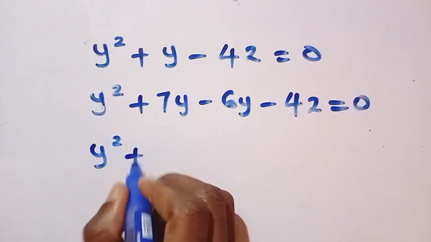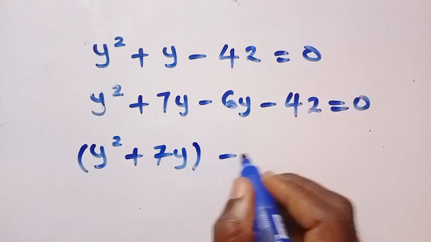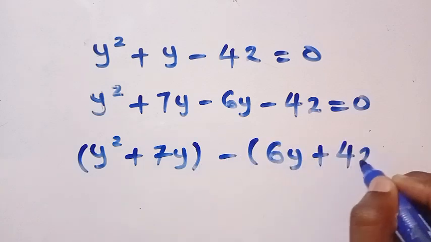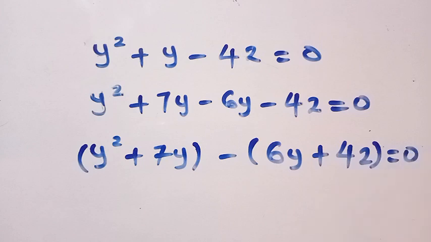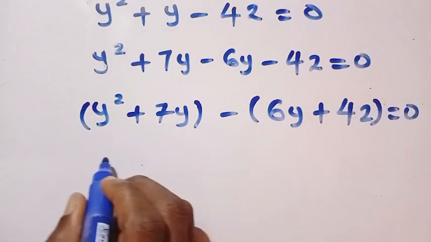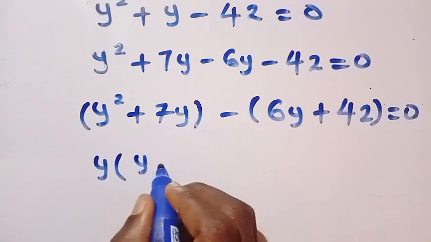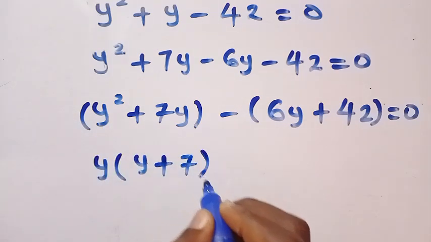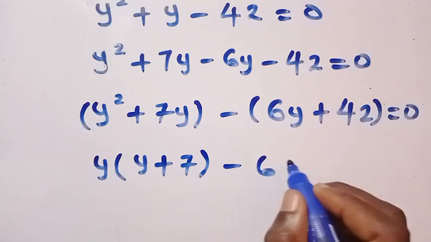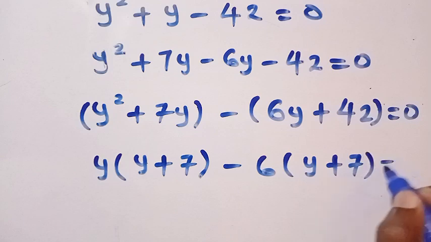By grouping, we have y squared plus 7y and also minus open bracket 6y plus 42 equals 0. So the common factor here is y bracket y plus 7, minus what will go in both, which is 6. Taking out 6, we have y plus 7.